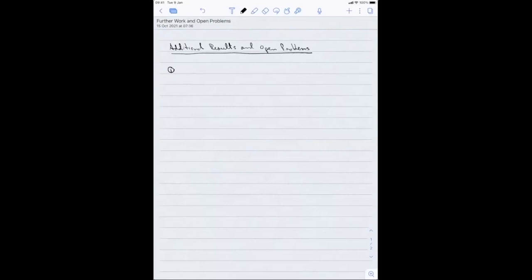So the first, we looked at this family of Poincaré duality complexes. They all satisfied these two homotopy cofibrations.